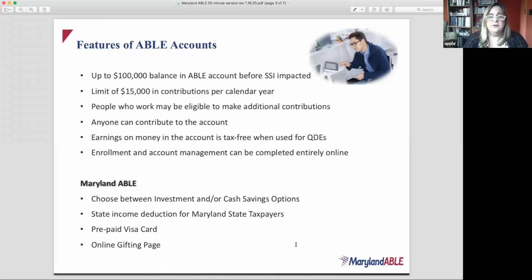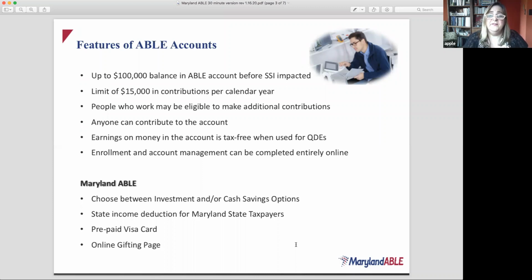With an ABLE account, there is a maximum contribution per calendar year of $15,000. And this is going to apply to ABLE accounts everywhere. This amount does change from time to time, as it is tied to the federal gift tax law, which says you can give people a gift up to $15,000 without them needing to pay taxes on it.